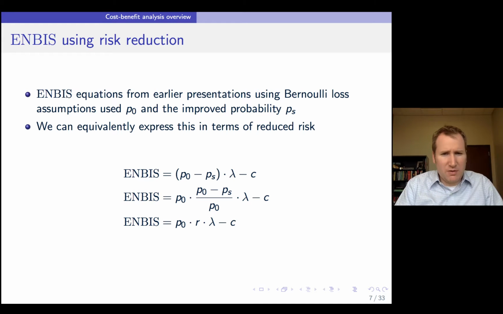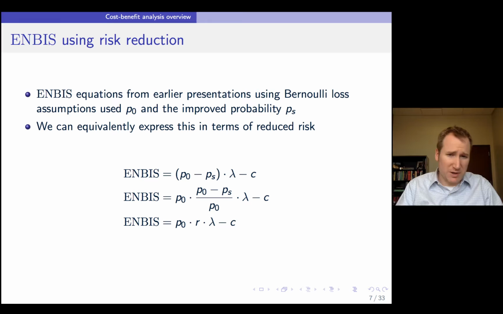So now we've introduced our new variable R for risk reduction. We can translate that back into our existing metrics. In particular, for the metrics that rely on the Bernoulli loss assumption for P0 and the improved probability with security investment, PS, we can do a very simple trick of algebra.